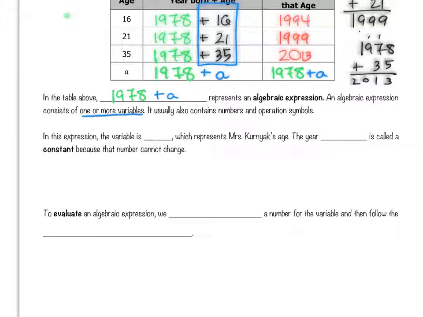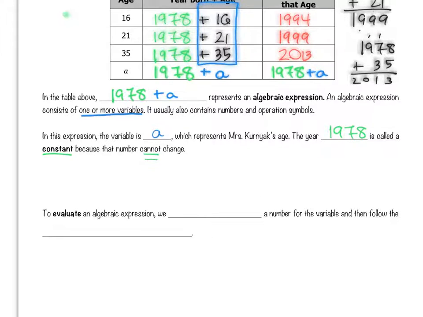In this particular expression, our variable is A, which represents Mrs. Kerniak's age. The year 1978 is our number, and we call that year the constant because that number cannot change. For instance, once you're born, the year you were born doesn't change. Your age does, which is why A would be our variable.